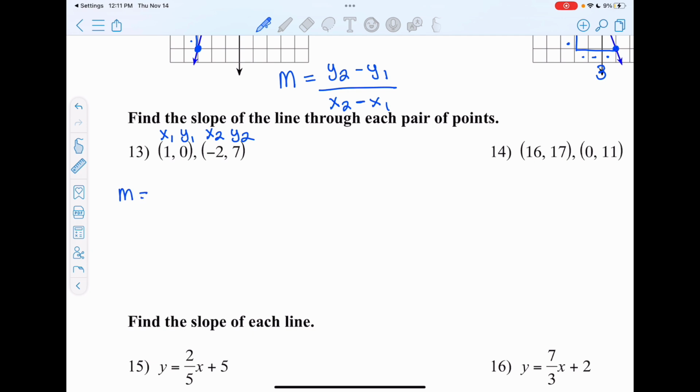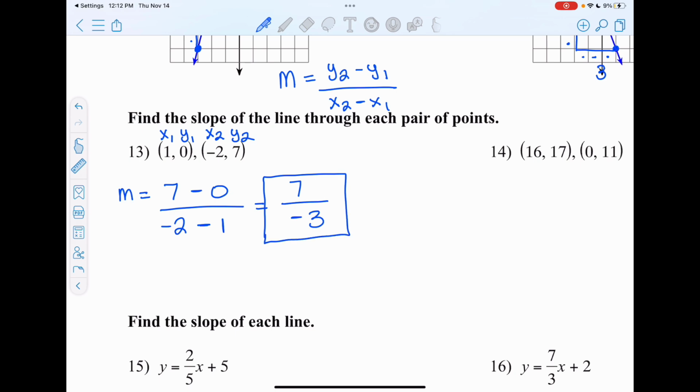And then I will plug in these values to my slope formula. y2 is 7, minus y1 is 0, all over x2 is negative 2, minus x1 is 1. And then I solve. 7 minus 0 is 7, and negative 2 minus 1 is negative 3. And so this tells me my slope is 7 over negative 3.